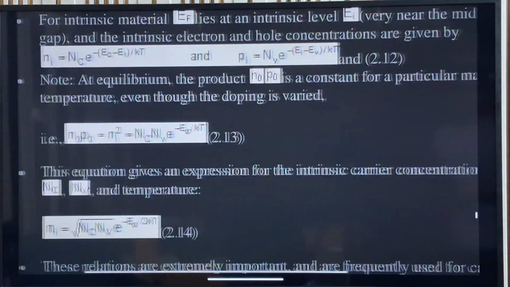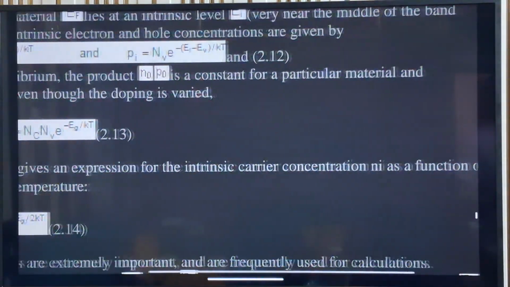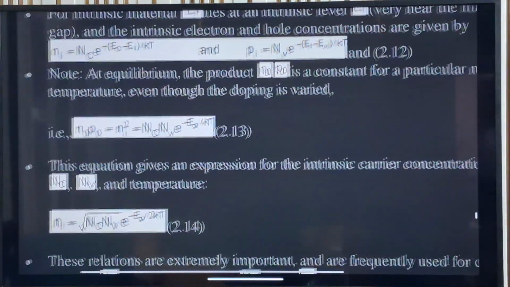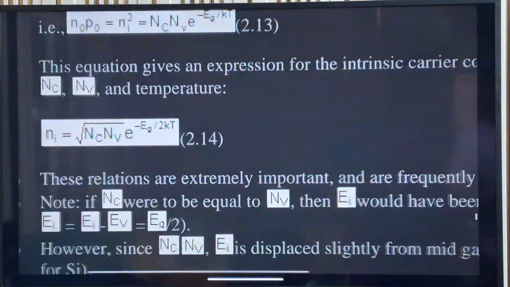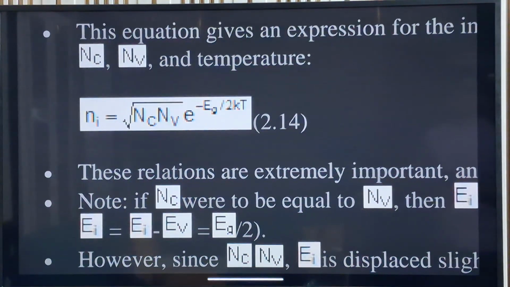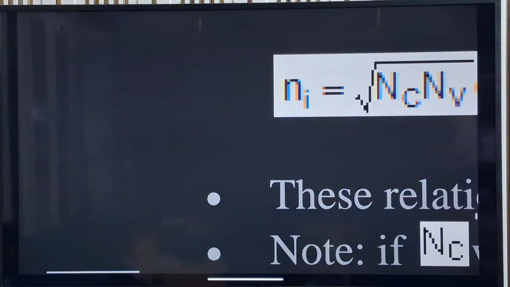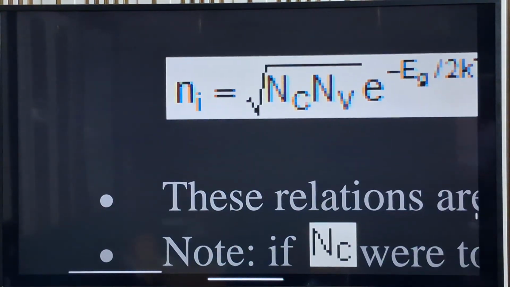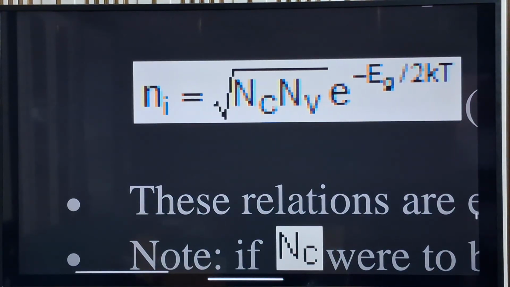This equation gives an expression for the intrinsic carrier concentration ni as a function of Nc, Nv and temperature. So we get a formula for ni: ni is equal to root over Nc Nv e to the power minus Eg by 2kT.